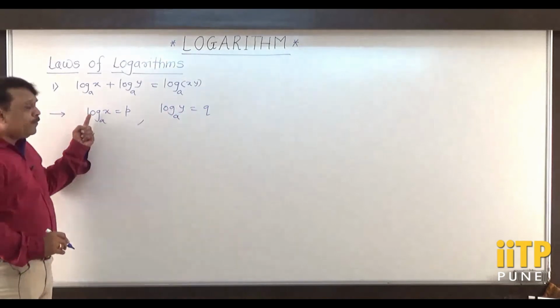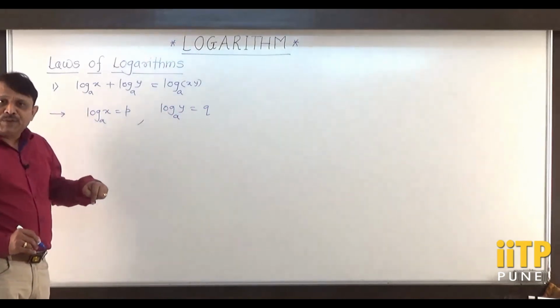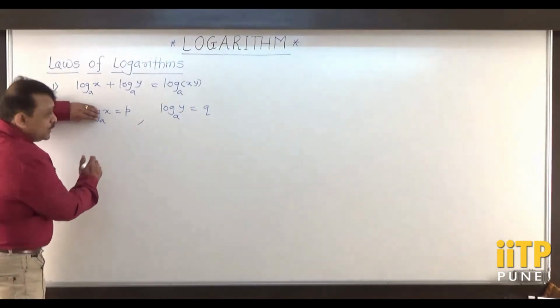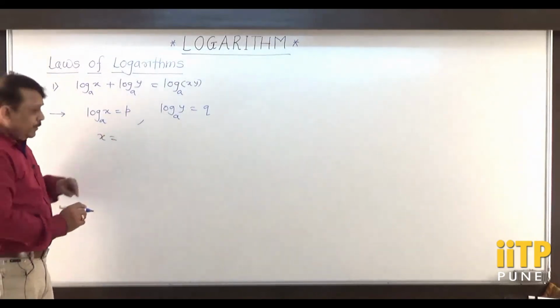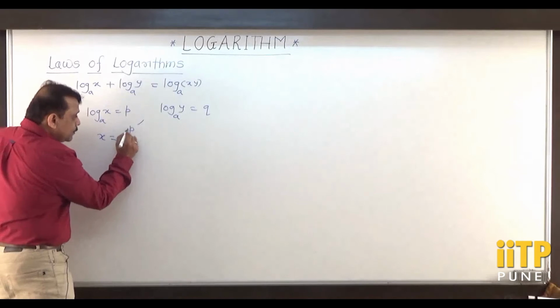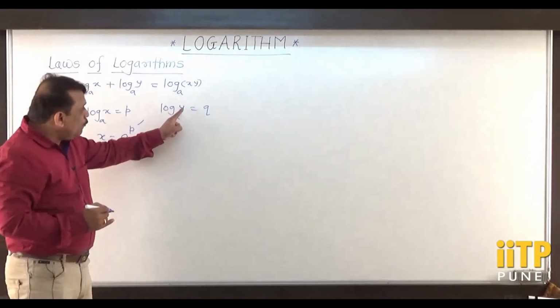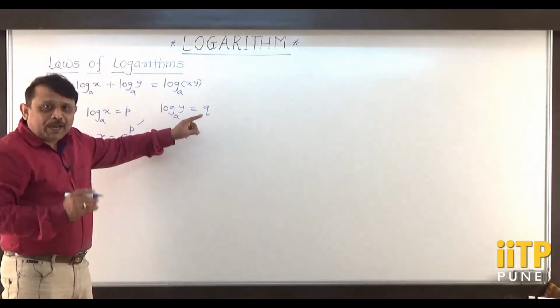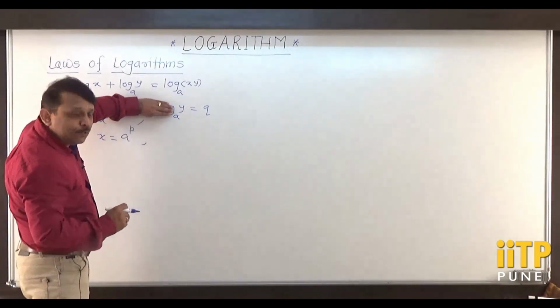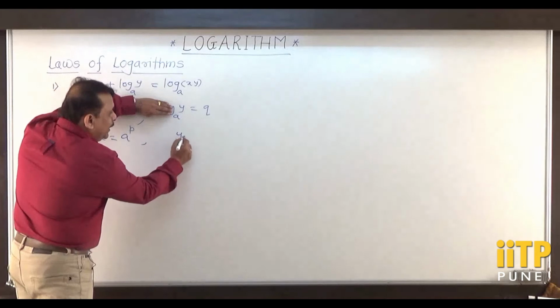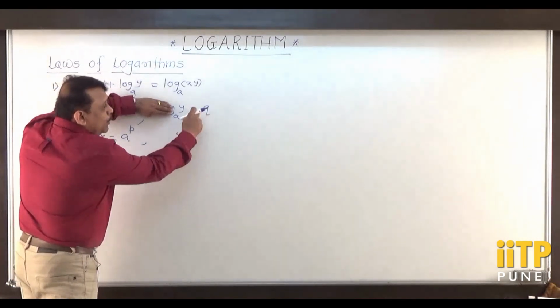Now how to convert logarithm into exponential form? Forget about this log. x is equal to a to the power p. Similarly, log y to the base a is equal to q. I want to go into exponential, so forget about this log. What we have, y is equal to a to the power q.